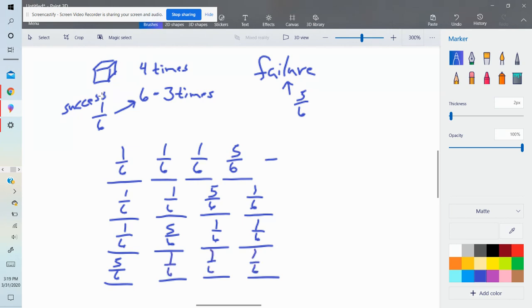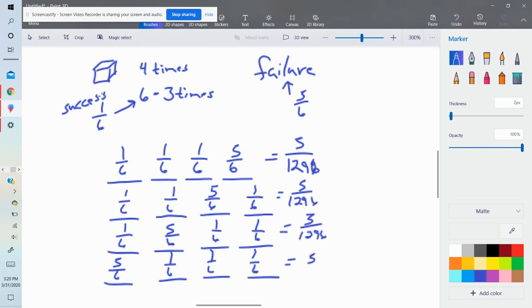Now, I do want to show you that no matter which scenario we go through, the chances of this happening are 5 out of 6 times 6 times 6 times 6. That'll be 6 to the 4th power, which is 1,296. So this would be 5 out of 1,296, or this would be 5 out of 1,296.